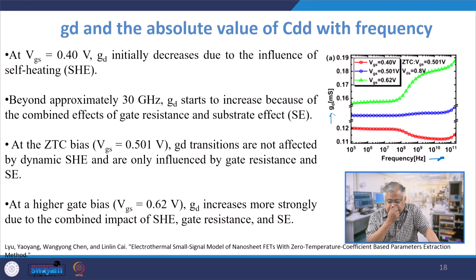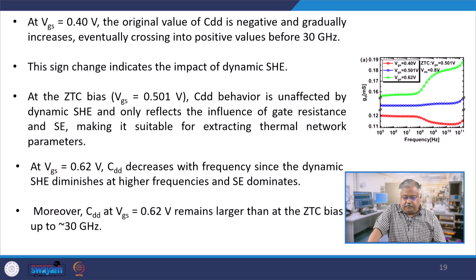So we are varying it, and as you can see, interestingly, for 0.4 and 0.6, right? If you look at the variation, when VGS equals 0.5, it's almost straight. GD does not vary, and that's the whole idea of having the minimum cost function, that the variability is barely minimum. Whereas if you look at 0.4 and 0.6, the GD value suddenly rises and falls respectively, around 10 to the power minus 8 to a larger extent, and this is primarily because of gate resistance.